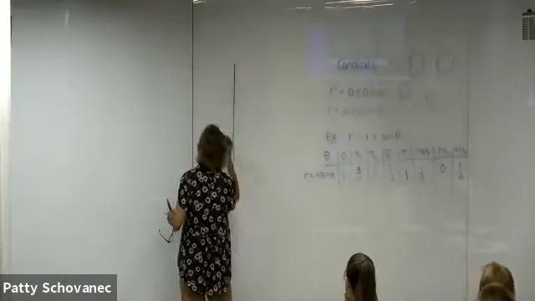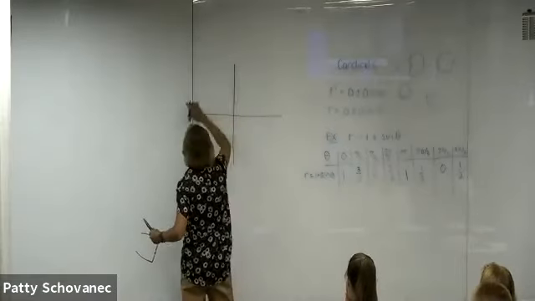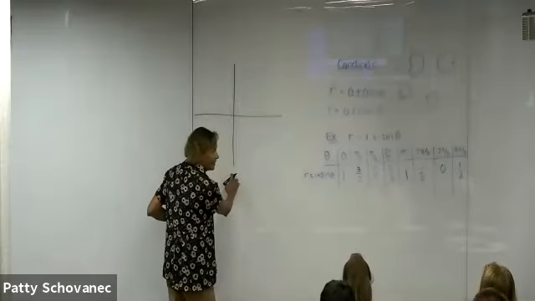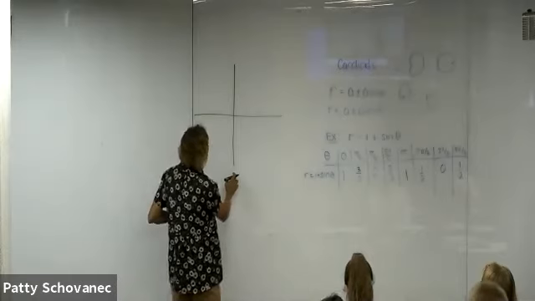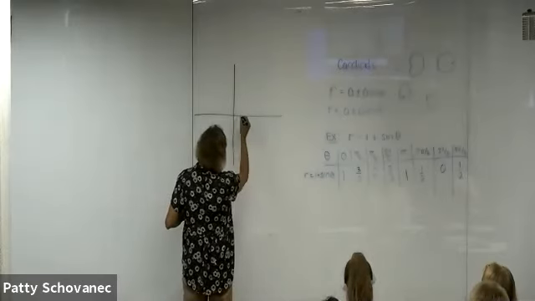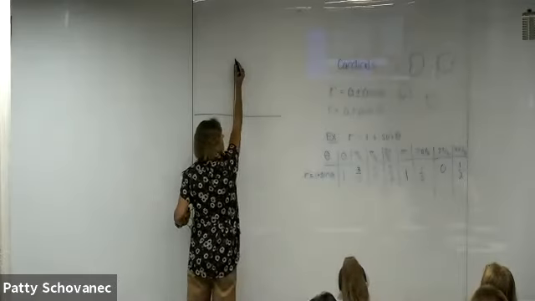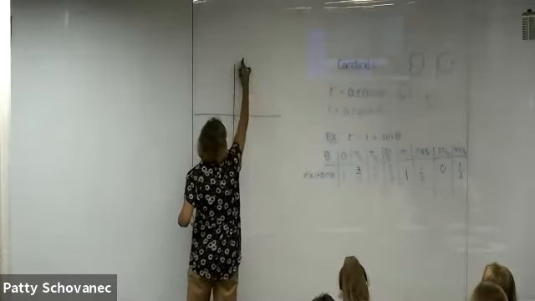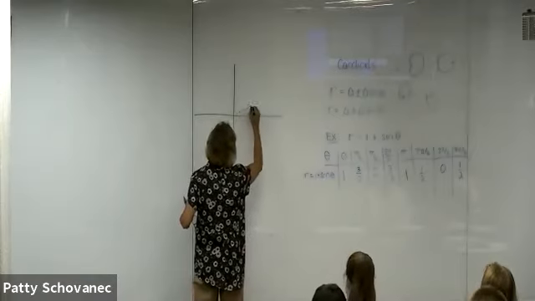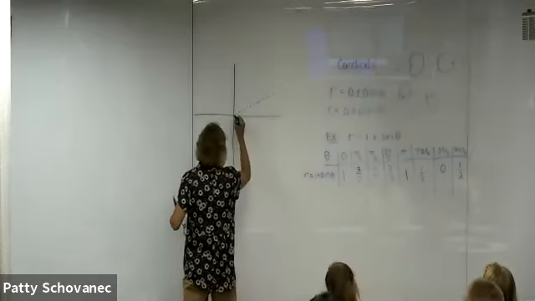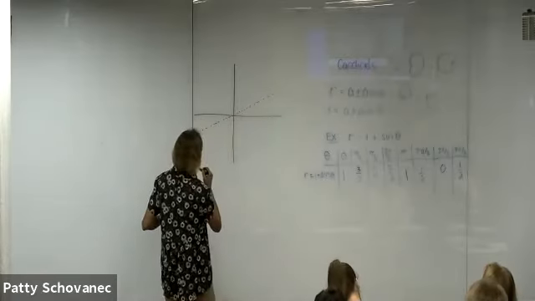Oh, that's a good one. That's 0, pi halves, pi, 3 pi halves. So now let's put the pi over 6's in here. Pi over 6 is going to be about, well, this pi halves is the same as 3 pi over 6. So it's going to be 1/3 of this sector. So it's going to be about right here. Keep that straight line going, and that'll give us our 7 pi over 6.